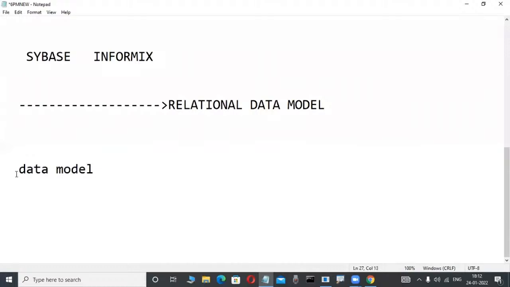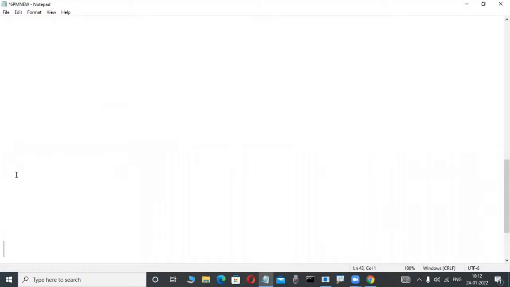Slowly observe it here. Anybody who attended the previous class, I am telling one thing. Suppose Oracle is a product here. This Oracle database or relational database, anything, Oracle database has two types of structures, as I told in the previous classes.